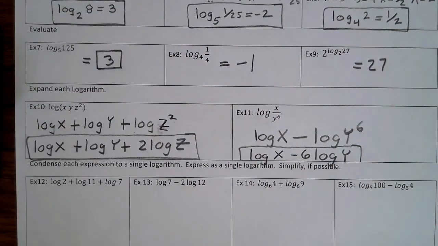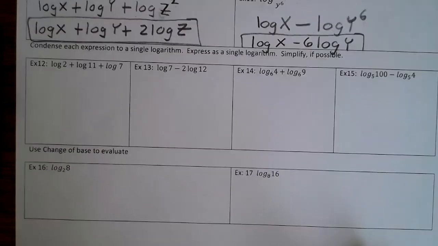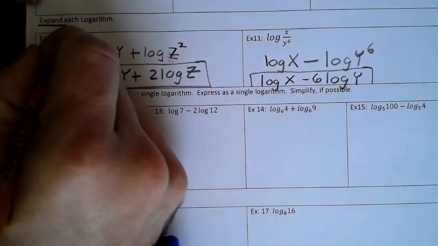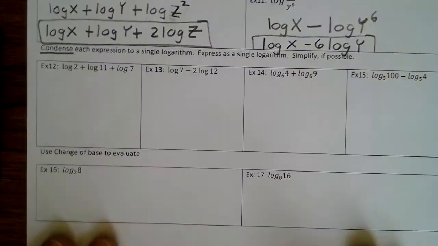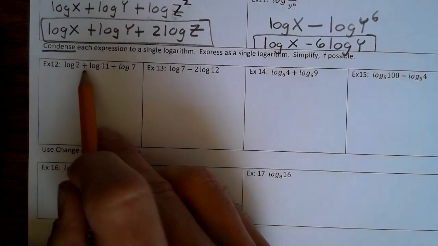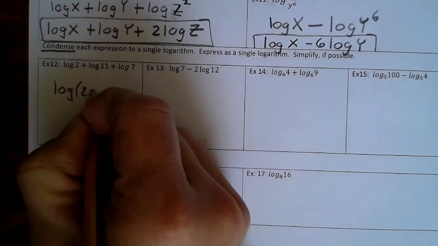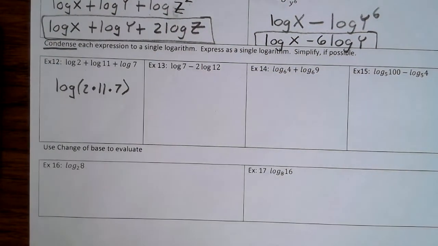All right, condensed. Now, here we expanded, here we're condensing. Okay. Now, addition to multiplication, so this becomes log of 2 times 11 times 7, which is 154, so this is log of 154.